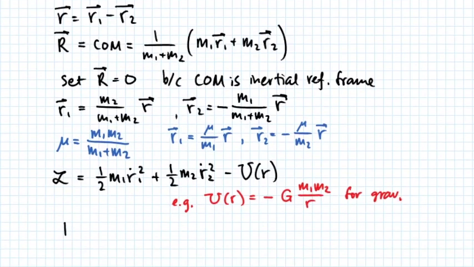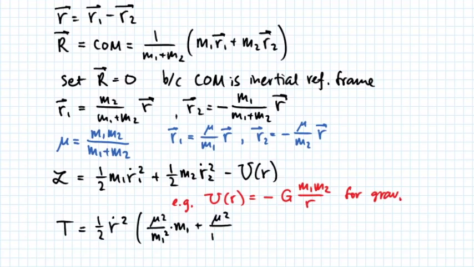We can rewrite kinetic energy as 1 over 2 r dot squared times mu squared divided by m1 squared times m1 plus mu squared divided by m2 squared times m2.